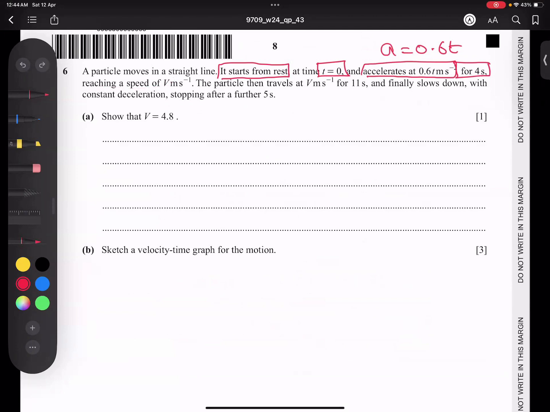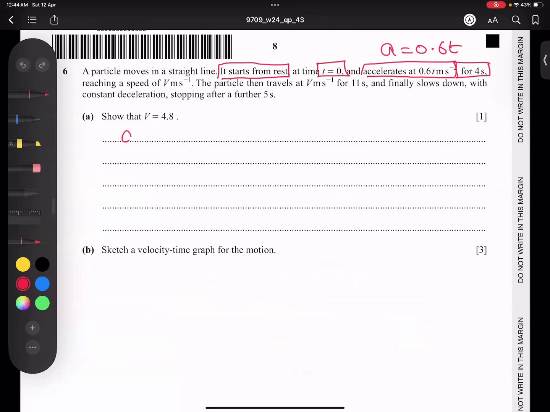The particle then travels with the speed v afterwards, continuing at the same speed in the same straight line, parallel to the x-axis, for 11 seconds, and finally slows down with constant deceleration for a further 5 seconds. We have to show this velocity v is 4.8.